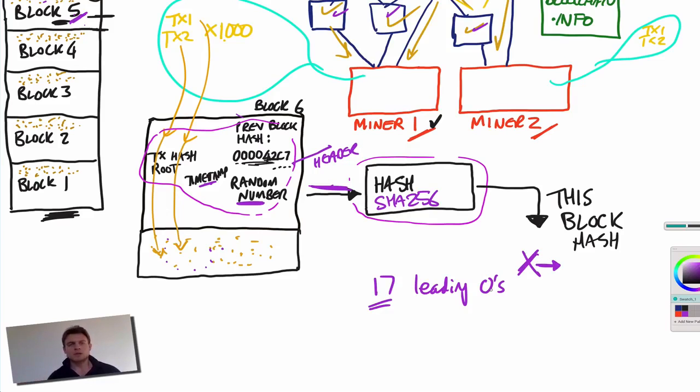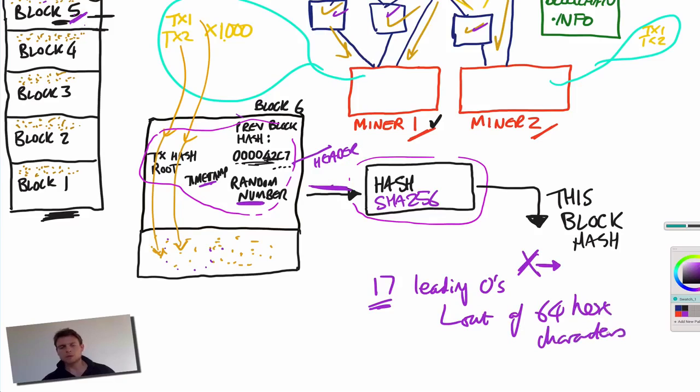But if somebody says, okay, I'm going to give you a reward when you can show me an input and then a hash of that input, where the hash starts with 17 leading zeros, out of 64 hex characters, you'd be there for a very long time. So, in a nutshell, we've just articulated exactly what these miners have to do, right?